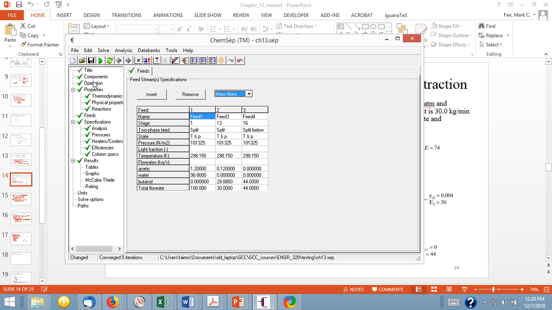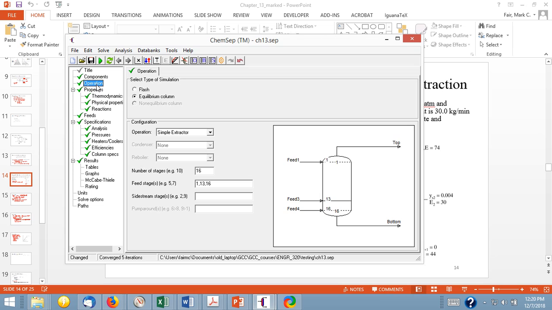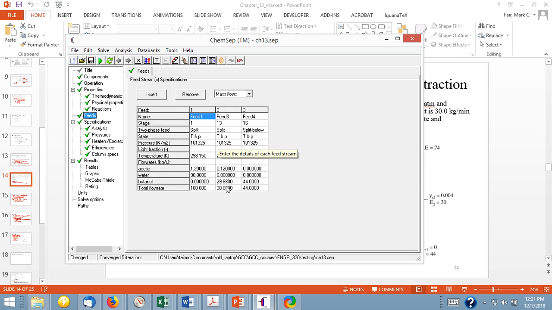We have another feed. I'm going to jump back to the operation here. I have a feed here called feed 3 coming in around stage 13, at least to start us off with. That feed is the feed that has acetic acid in the butanol.